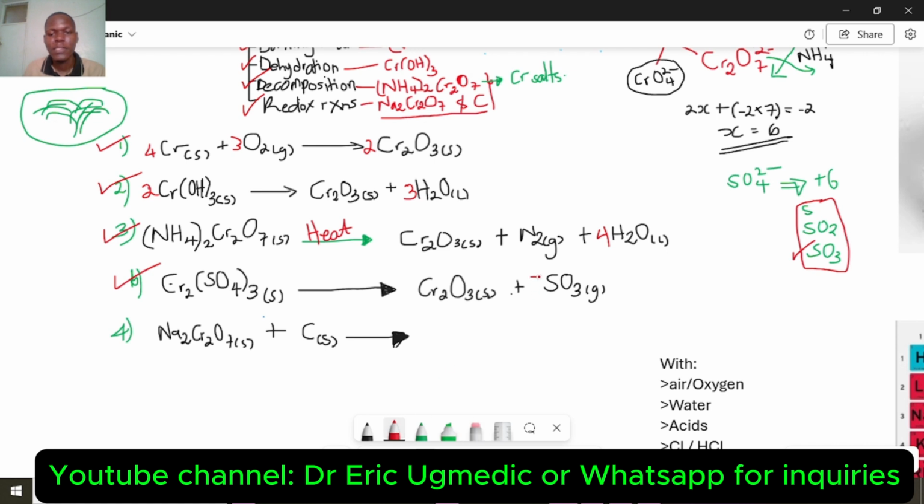So if we look at our dichromate here, it's in the +6 oxidation state. And how many are they? There are 2. Not so? And it's changing to the +3 oxidation state. So how many electrons shall each need to change to the +3? It will be 3 electrons.